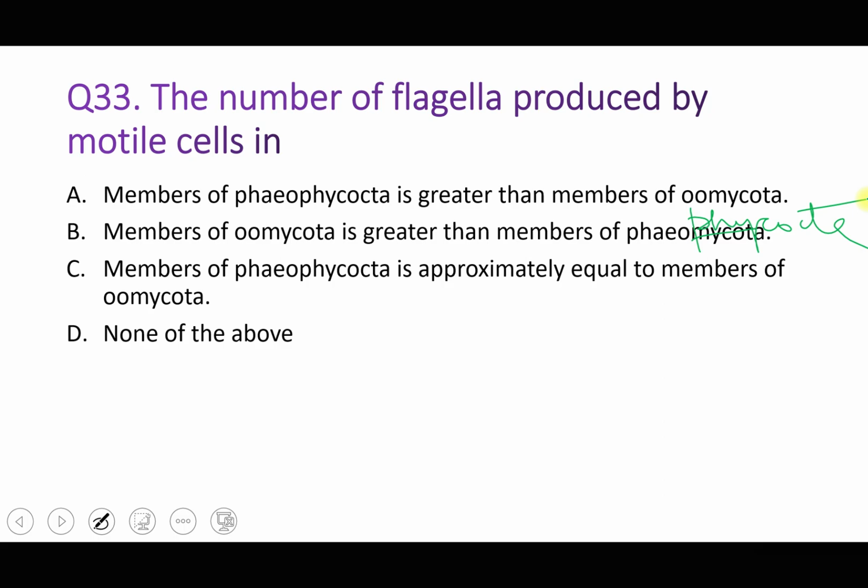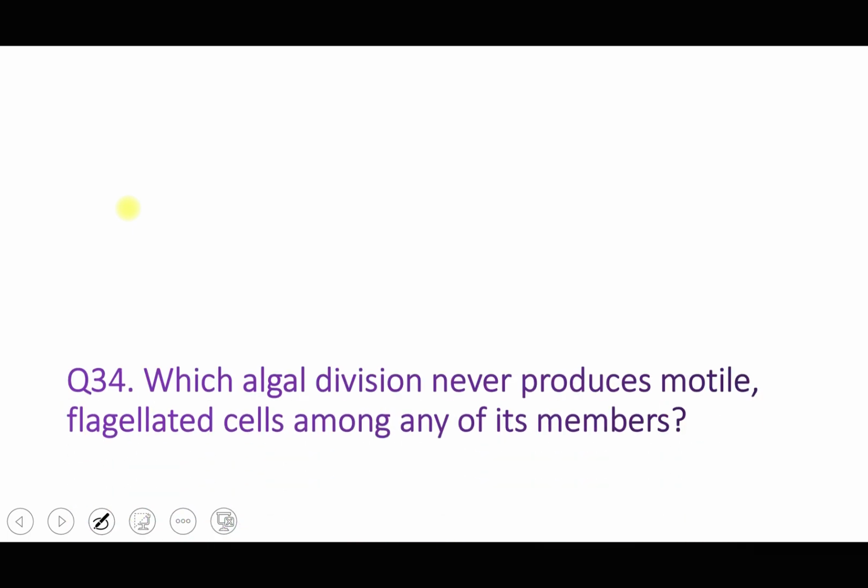Phaeophycota are the brown algae. They have two unequal flagella, and Oomycota are fungus-like organisms. They also have two flagella. One flagellum is whiplash, ornamented, and the other is smaller and smooth. The option C is correct.